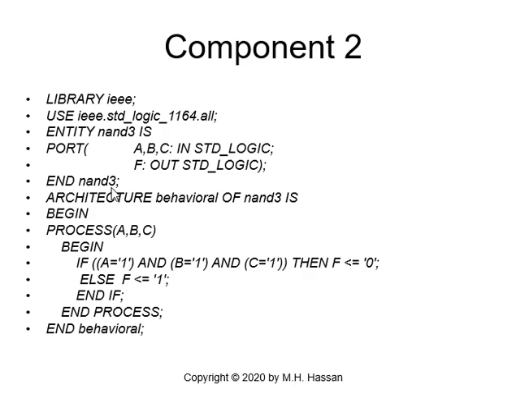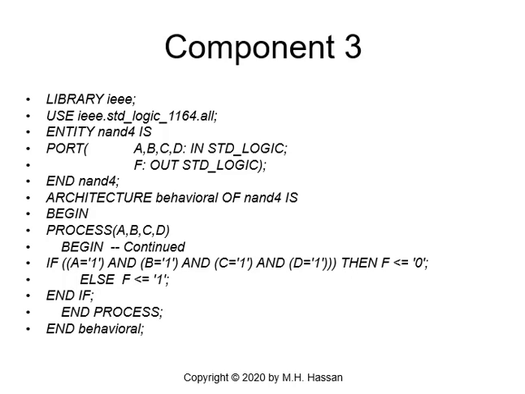So again, this is component 2, which is a 3-input NAND gate. Component number 3 is a 4-input NAND gate. I have the inputs A, B, C, and D, entity NAND 4. F is the output in standard logic. I will end NAND 4. Architecture behavioral of NAND 4 is begin, process A, B, C, D. Begin.